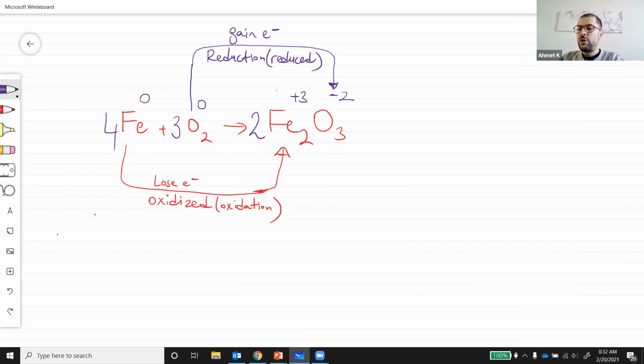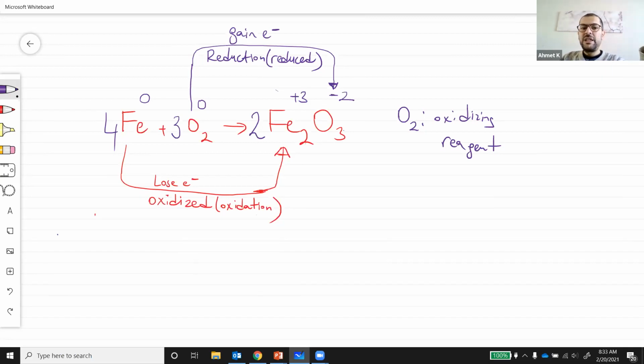It's kind of like you're reversing it. Even though oxygen is being reduced, we call oxygen in this reaction an oxidizing reagent, because it caused the other party to oxidize.